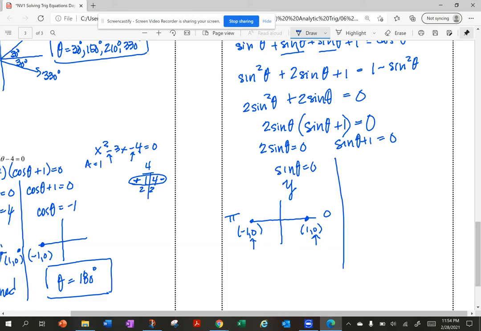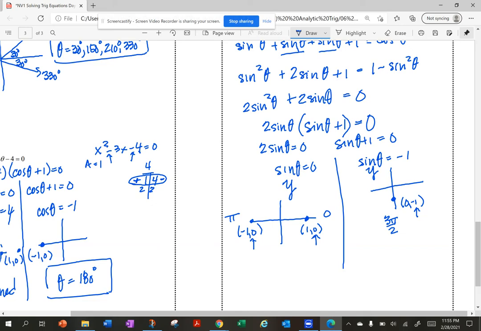And for sine of theta plus 1, I'm going to subtract 1 from both sides. So sine of theta is -1. So y is -1 here, which is 0, -1. So this is at 3 pi over 2.